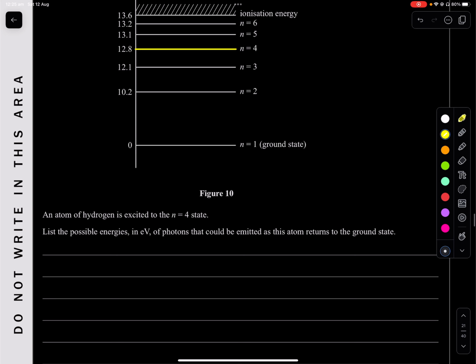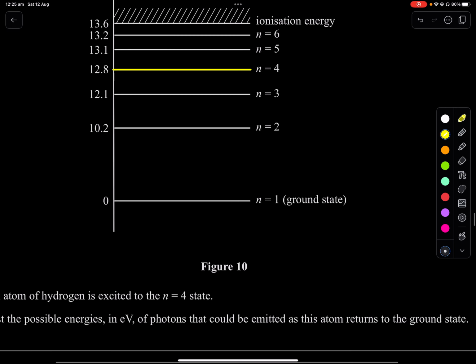Well, it can go down to here first. It could go down to here. It can also go down to here. What else? Well, it can actually go down to here, which we already have. It can go down to here.